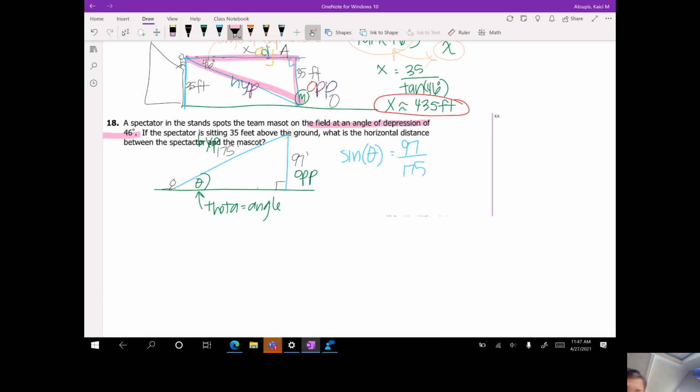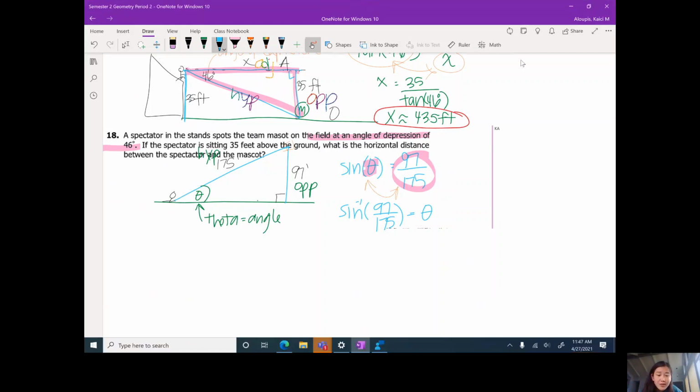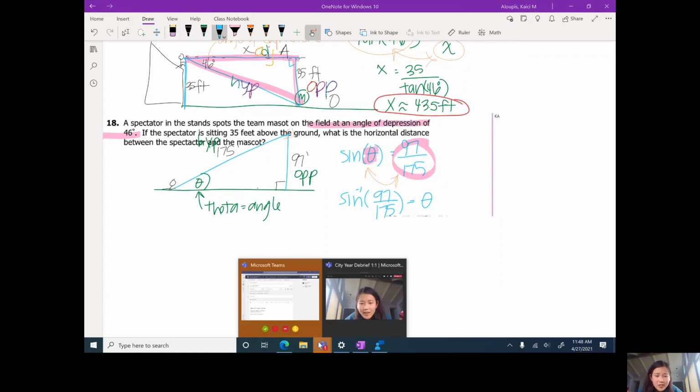Because to find this angle, we have to swap these two things. So we're going to do inverse sine of 97 over 175 is equal to my angle theta. All right, let me show you how to use a calculator on this, and then we're done.